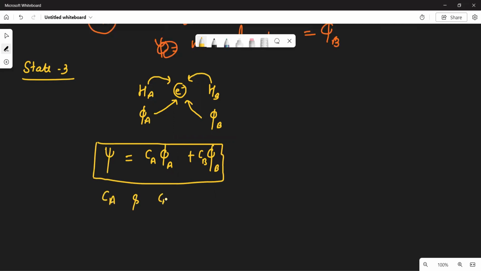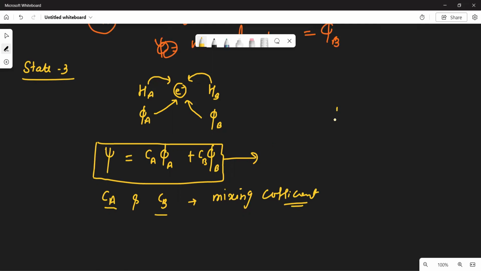These coefficients are adjusted in such a way that this wave function provides the upper bound to the true energy of this system.